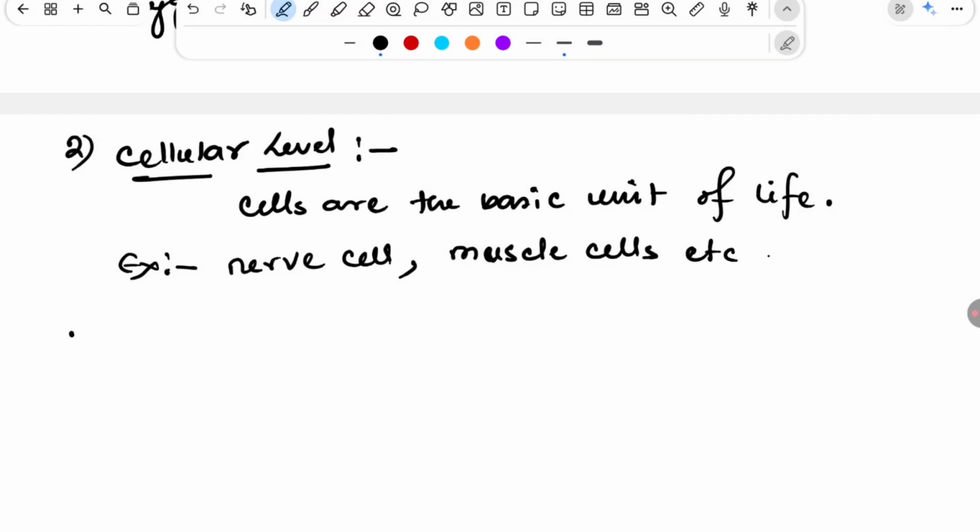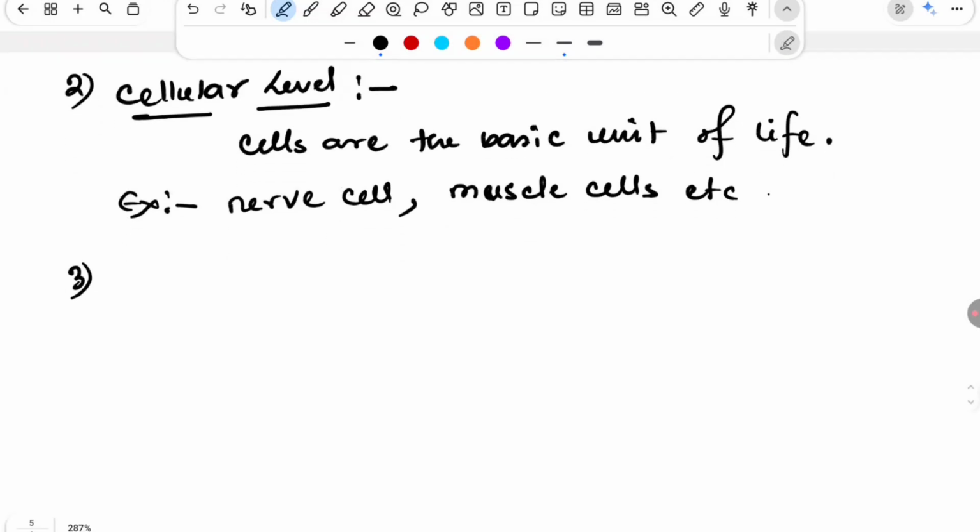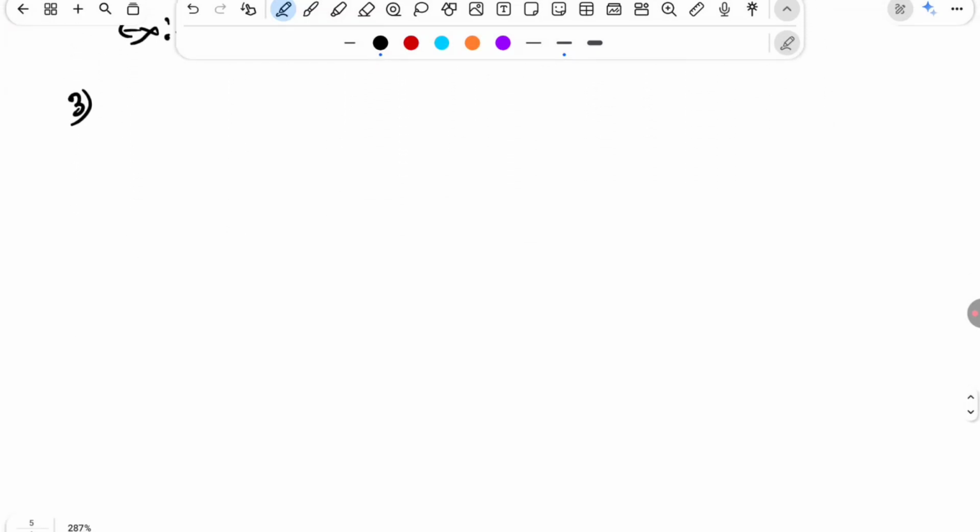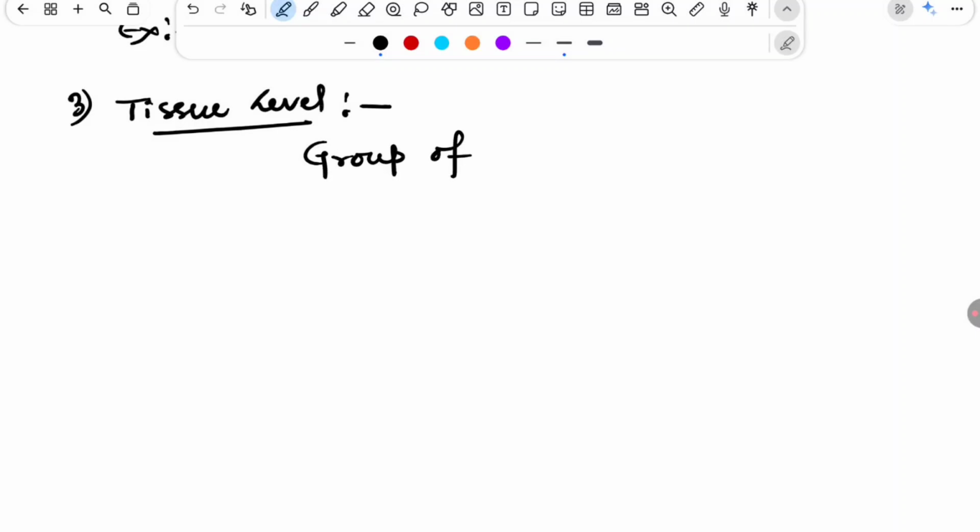Next, coming to third, that is tissue level. Tissue level. In that we can write, a group of similar cells forms tissues.